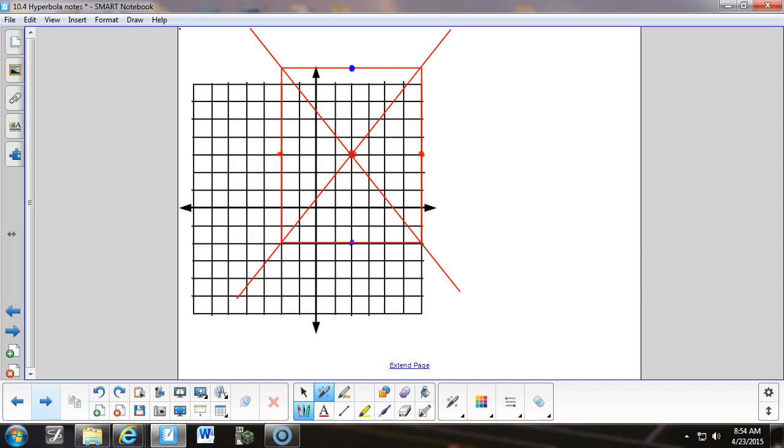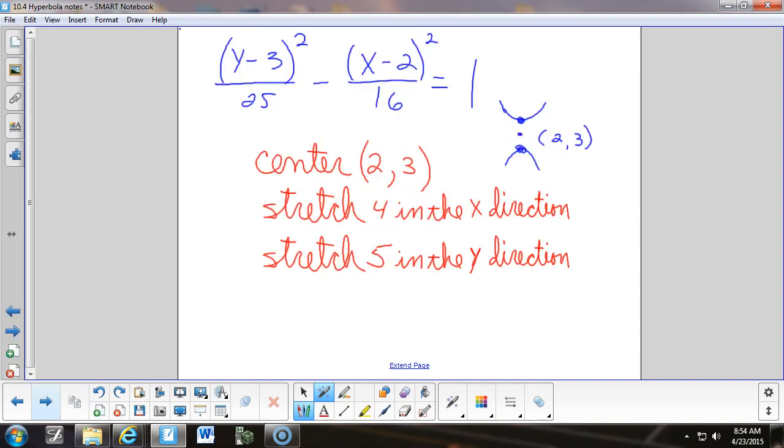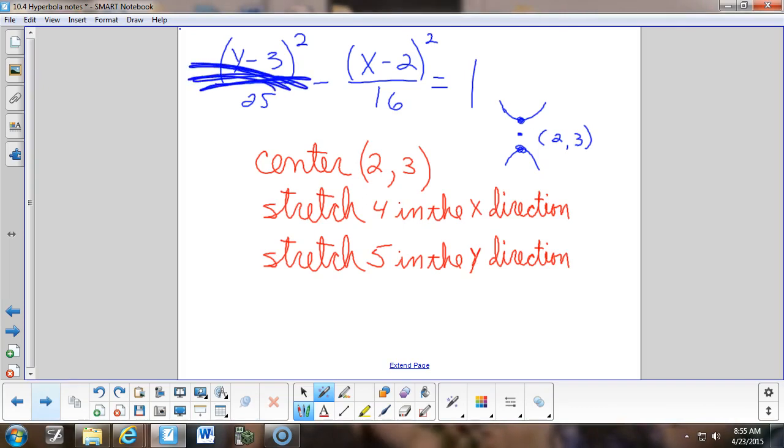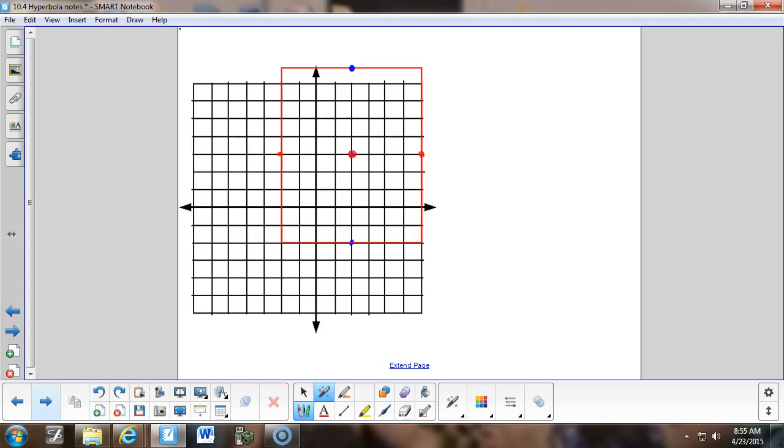I'm going to back up a couple of slides. The Y value came first. Because the Y value came first, this graph is going to open up in the Y direction. So, back on this picture, I drew in the asymptotes, and the hyperbola opens up and down.